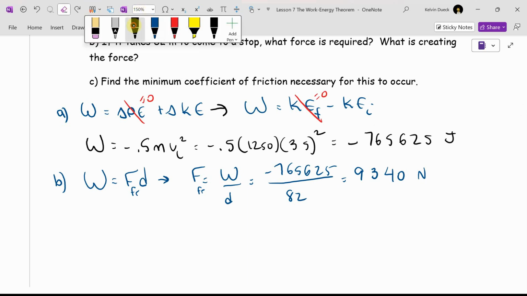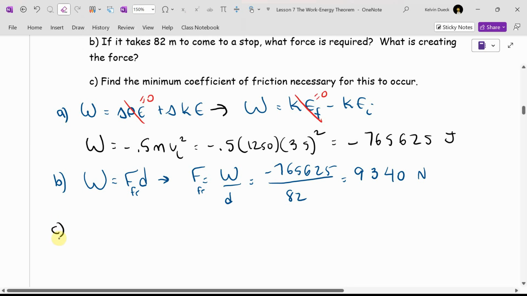Justin, what's C want me to find? Coefficient of friction. How do I know it doesn't want me to find friction? Because I think that's what I found in part B, the force of friction. What's the equation that has a coefficient of friction in it?